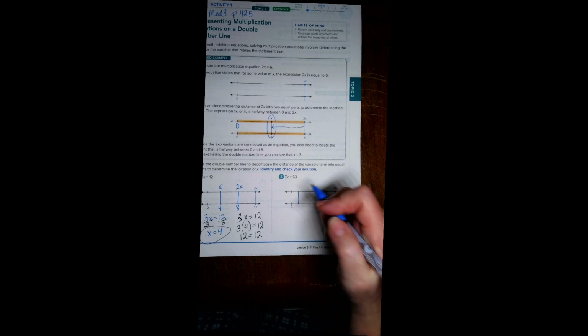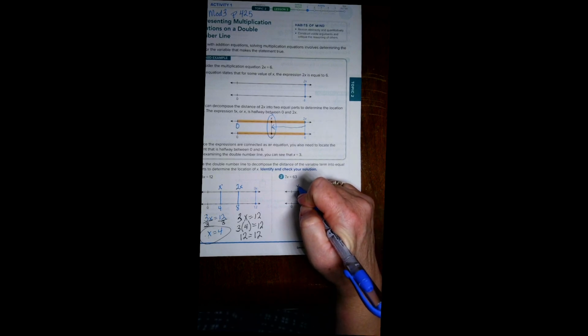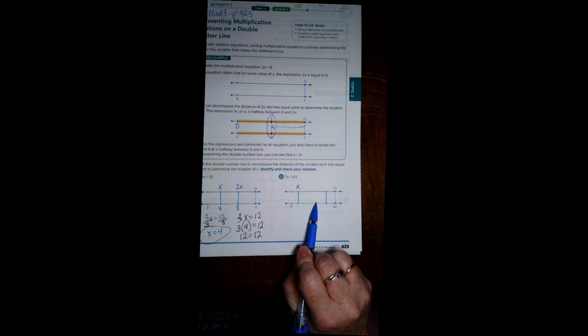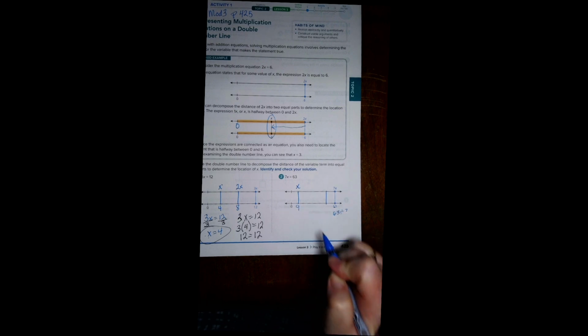So if I divided it into 7 equal parts, this would be the first one. This would be the 1x. So if I divide the 63 into 7 equal parts, assuming I could accurately draw 7 equal size sections here, this would have the value of, so 63 divided by 7 would give us 9.